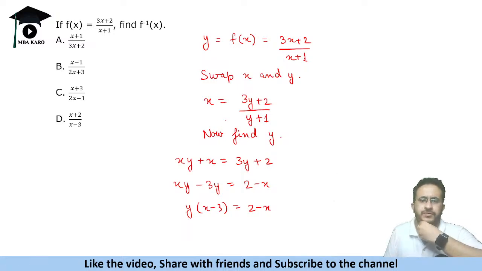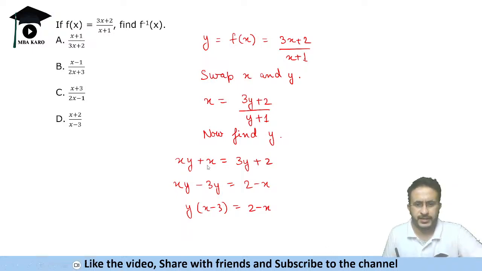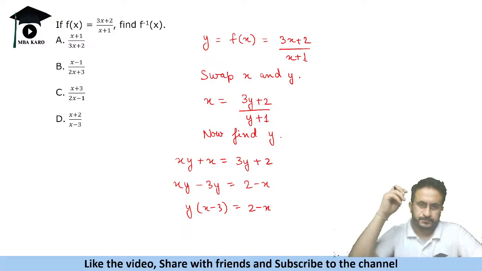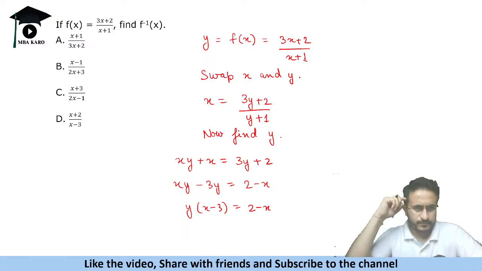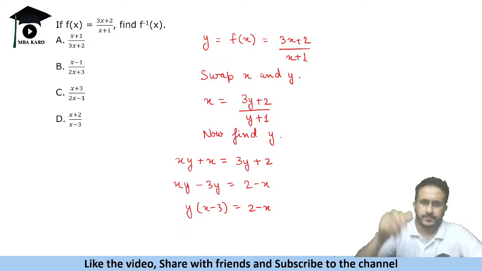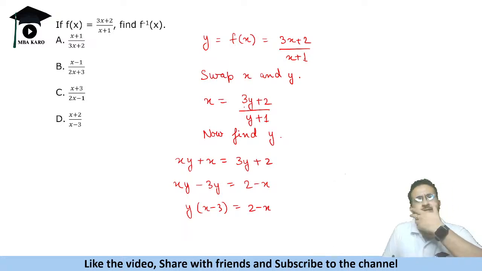xy plus x is this. गलत आ रहा है, लाइक लास्ट ऑप्शन आ रहा है बट 2 माइनस एक्स आ रहा है इसमें. जस्ट सेक तो x is (3x plus 2) upon (x plus 1). xy minus 3y is 2 minus x, y times (x minus 3).